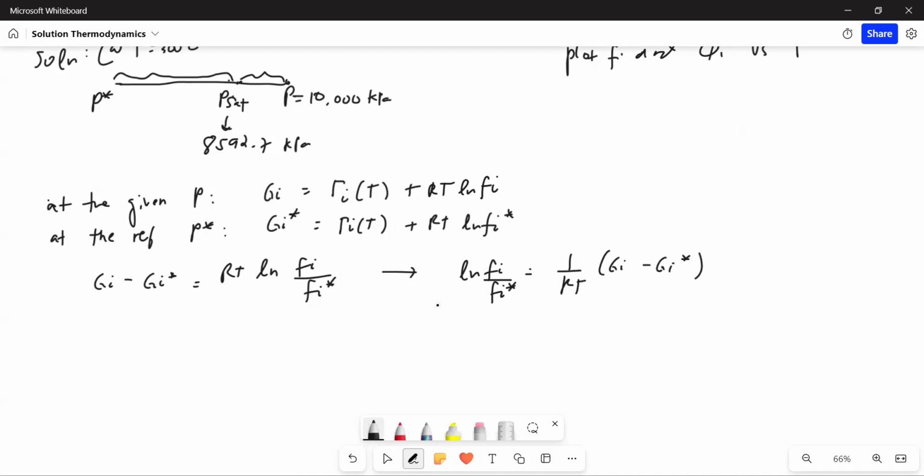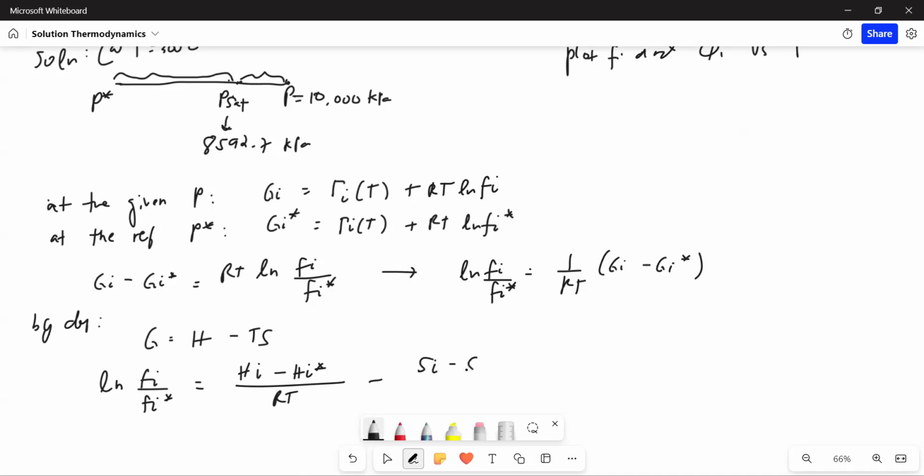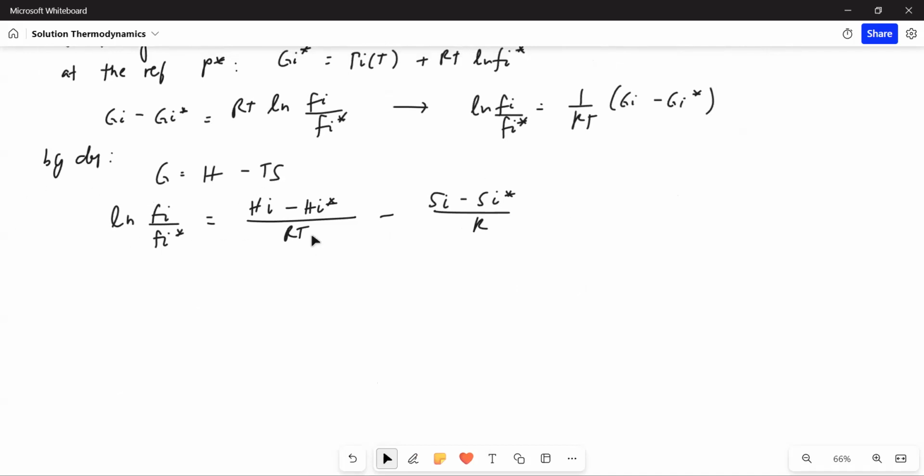But by definition, G is equal to H minus TS, and we replace the G right here with this expression, H minus T times S. So our equation becomes ln f sub i over f sub i star equal to H sub i minus H sub i star over RT minus S sub i minus S sub i star over R. Now this equation is useful to us.